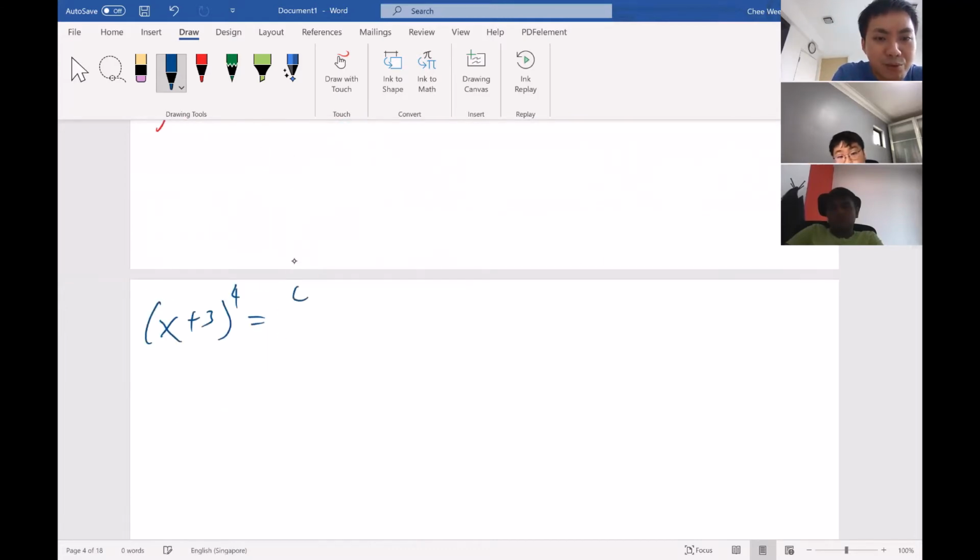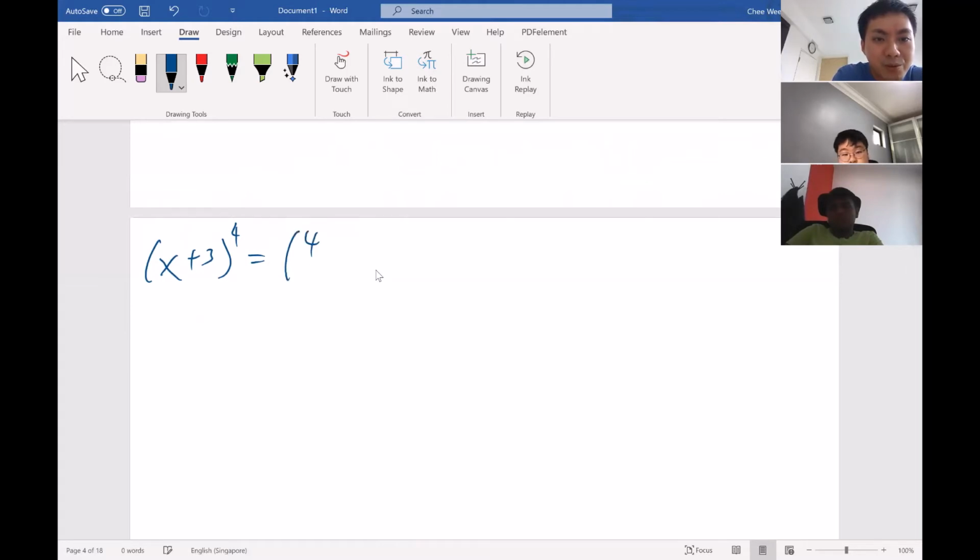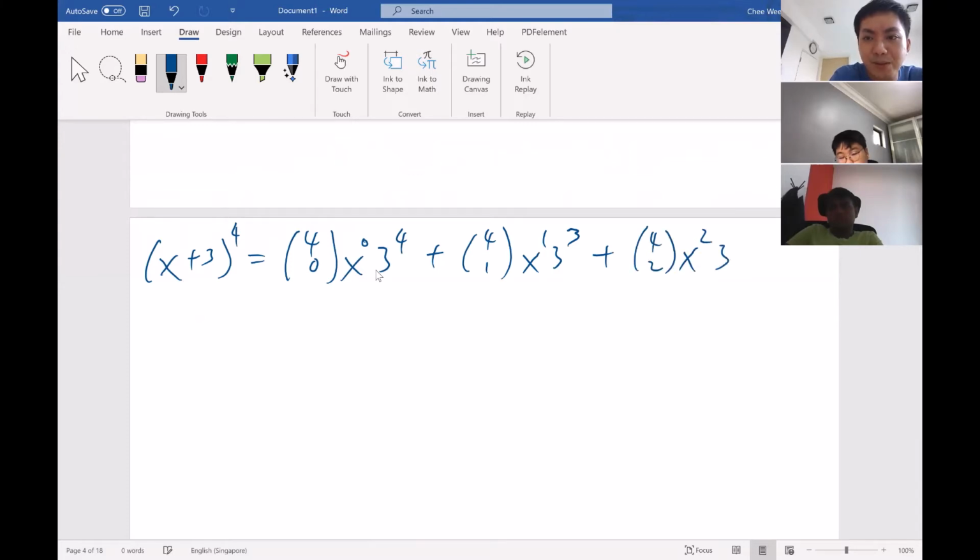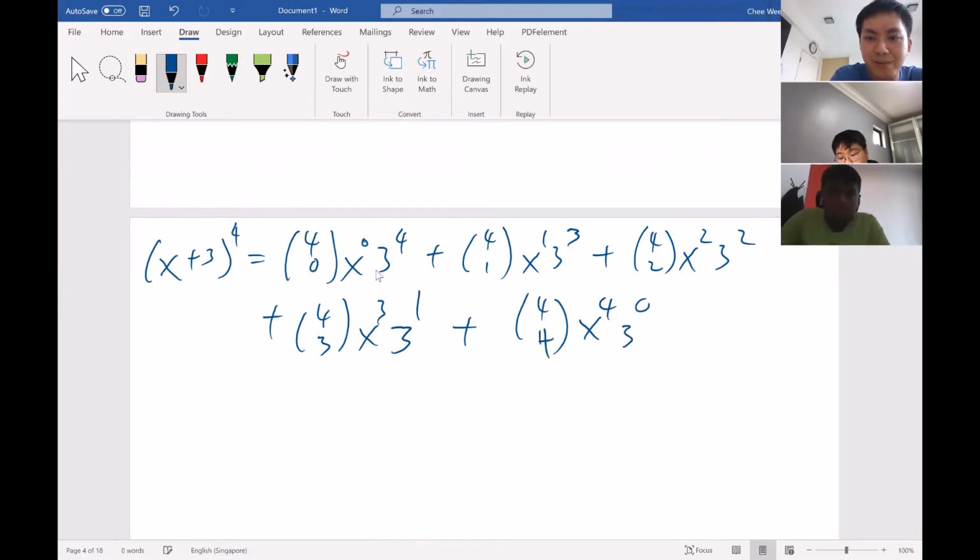So this will be 4 choose 0, x to the power of 0, 3 to the power of 4, plus 4 choose 1, x to the power of 1, 3 to the power of 3, plus 4 choose 2, x to the power of 2, 3 square, plus 4 choose 3, x to the power of 3, 3 to the power of 1, plus 4 choose 4, x to the power of 4, 3 to the power of 0.